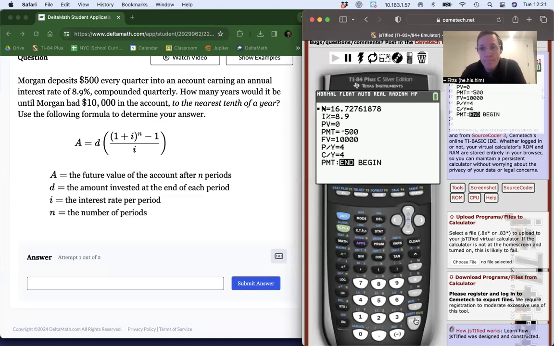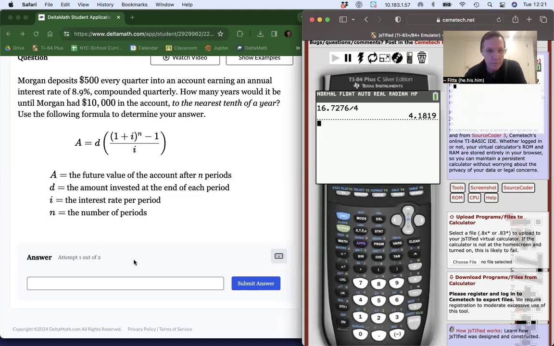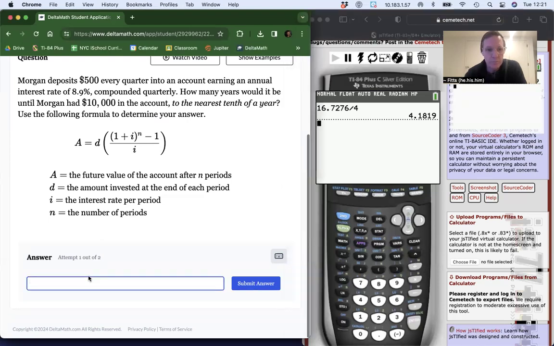So that's 16.73 periods, quarterly periods. So I need to take that number, 16.7276, and divide that by 4. 16.7276 divided by 4 is 4.2 years.